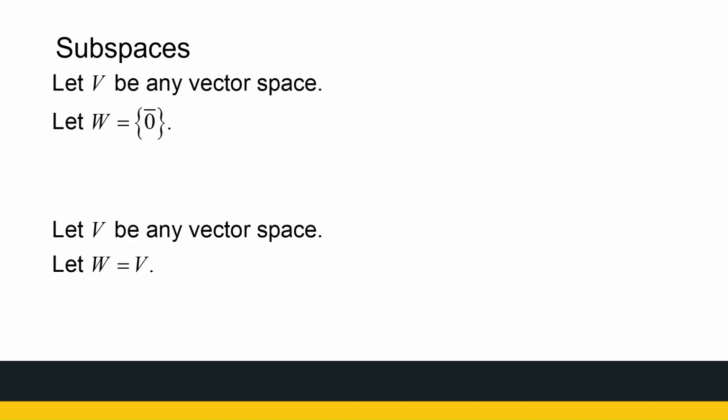So let's look at an example. The first two obvious examples, and you can confirm that, if I've got any vector space V, we don't have to say what it looks like. If W contains only the 0 vector, then it's non-empty. And we know that 0 plus 0 gives me 0, so it's closed under addition because 0 is in W. And any scalar times 0 just gives me 0, so it's closed under scalar multiplication.